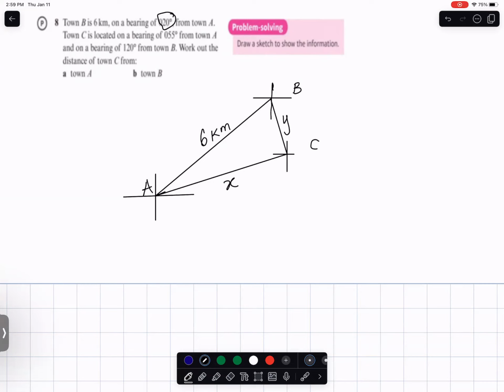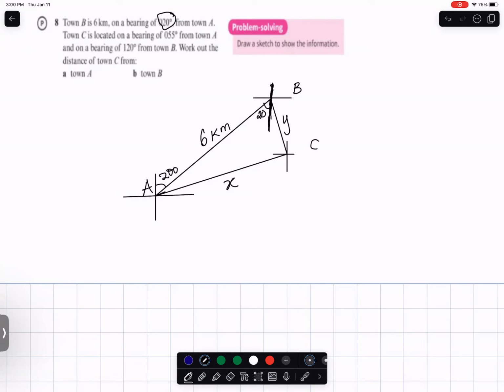So having gotten this, the first bearing is 20 degrees from here. So I watch out for my alternate angles here. So this angle here, which is 20 degrees, is also alternate with this angle here. So I'll mark this angle here as 20 degrees.